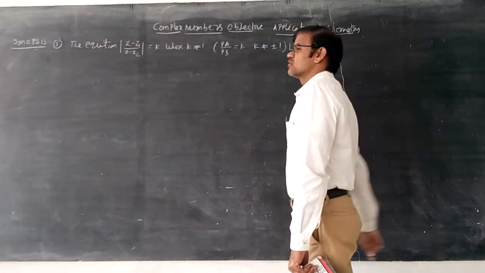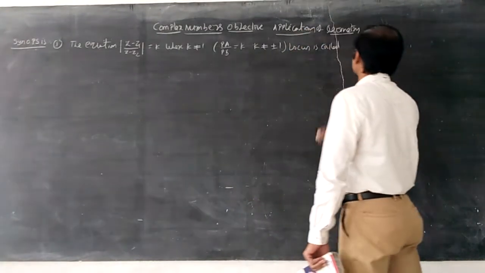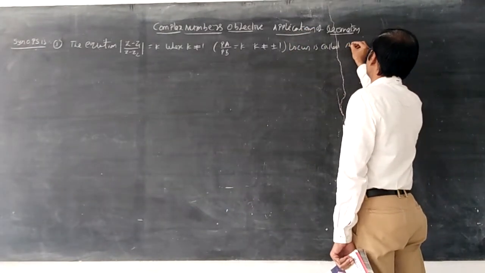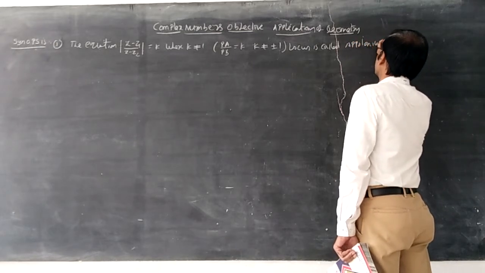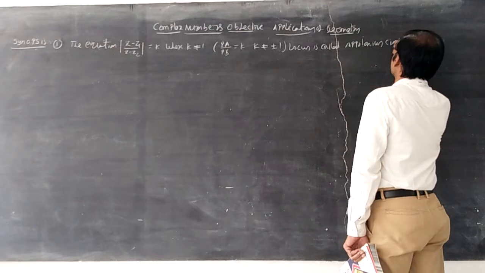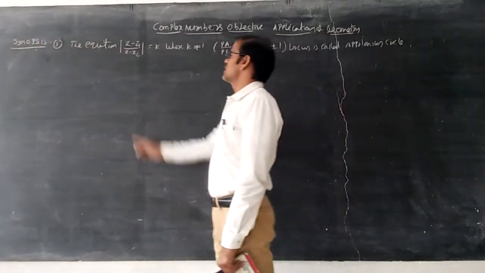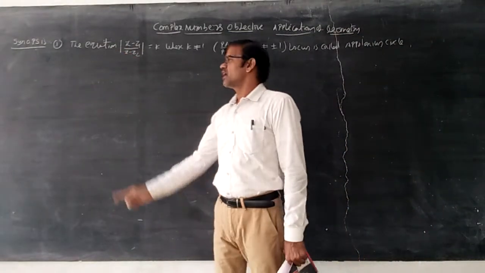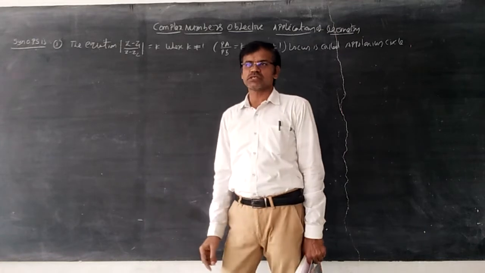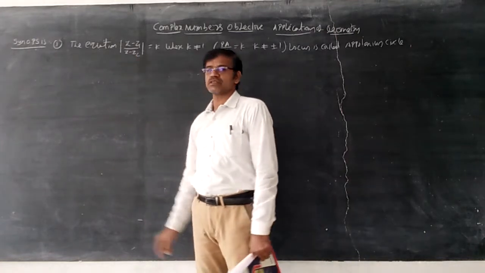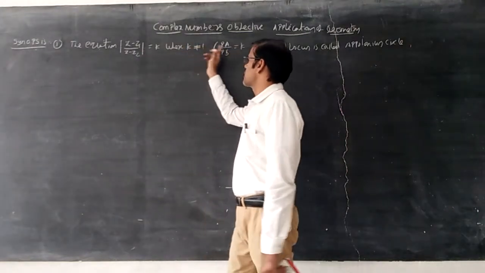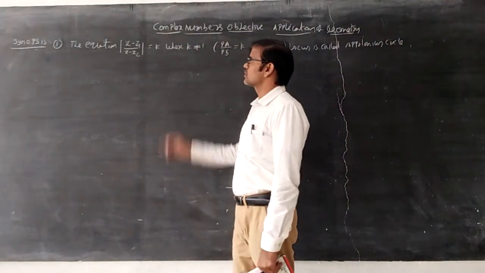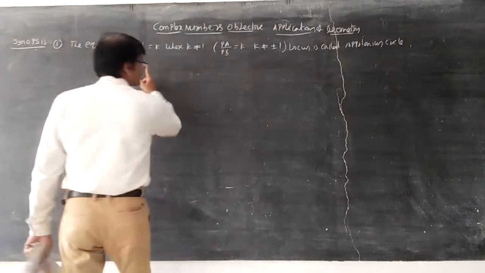PA by PB is equal to k, where k not equal to plus or minus 1, and the locus is called the Apollonius circle. Here z is any complex number, z is equal to x plus iy, z1 is x1 plus iy1, and z2 is x2 plus iy2. In the similar way, PA by PB is equal to k. Here k not equal to 1, then it is called a circle.